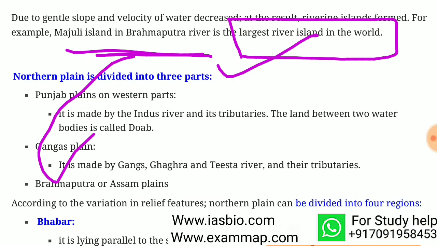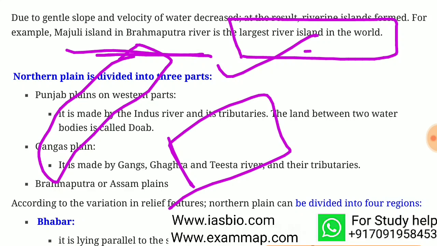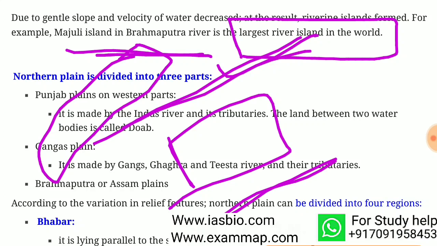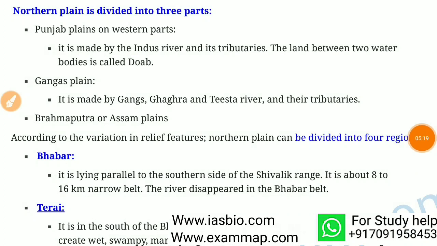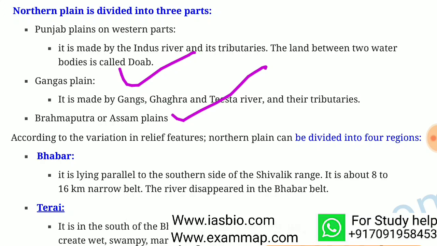Punjab plains on the western side are made by the Indus River and its tributaries, and the land between two water bodies is known as Doab. The Ganga plains are made up by the Ganga, Ghagra and Teesta rivers and their tributaries. And the third one is Brahmaputra or Assam plains.